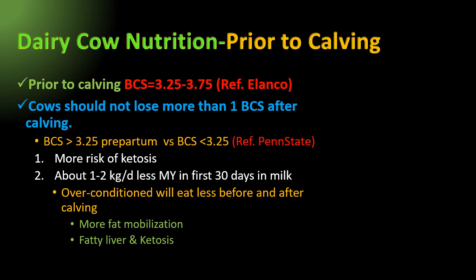This greater mobilization of body fat causes excessive fat to accumulate in the liver of the cow, resulting in a fatty liver condition, and that also compromises the liver's ability to make glucose to support milk production. Such cows are more prone to fatty liver, and this disease might compromise their health after calving.